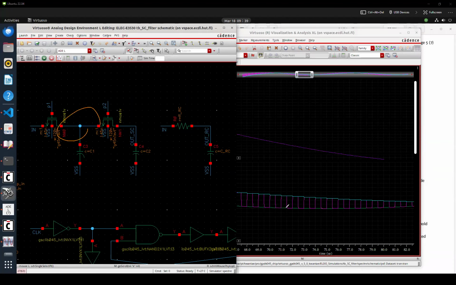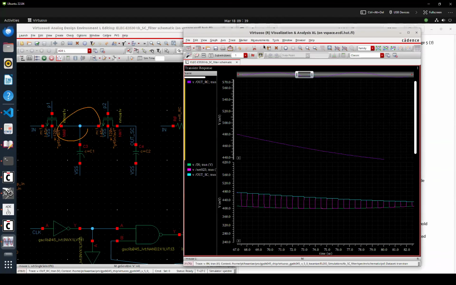So when the clock is high, then let me see here this way. When V1 is high, then this intermediate node, net 25, must follow V_in. So it follows V_in quite well.